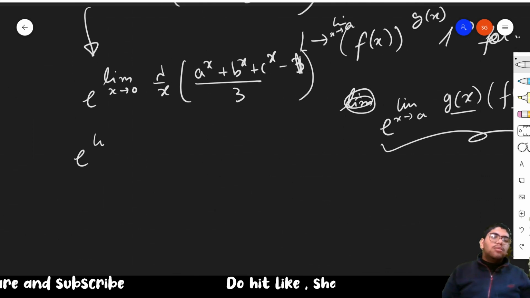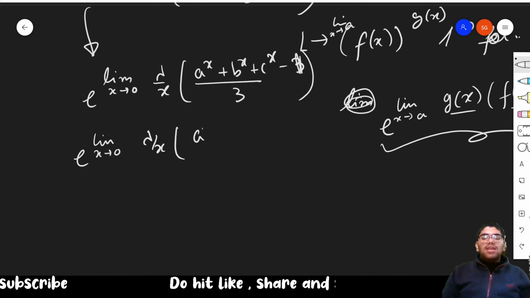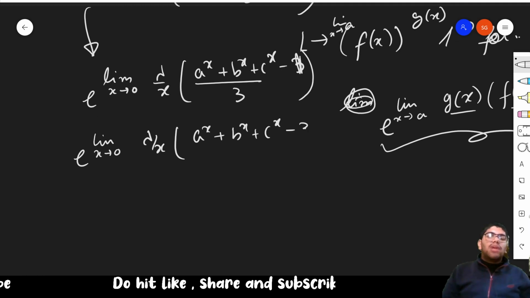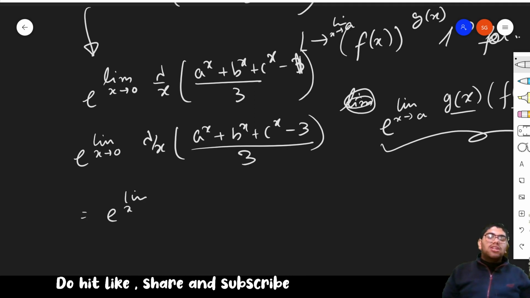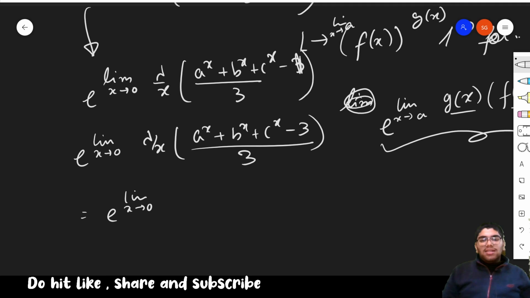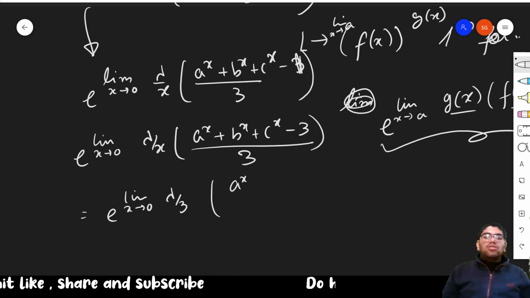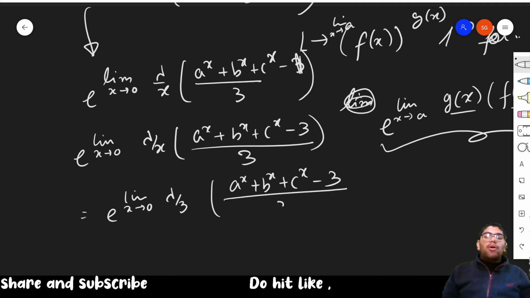So this is e raised to the power limit x tending to 0 of lambda by x times a power x plus b power x plus c power x minus 3 upon 3. Let me take this x in and this 3 out. So this is lambda by 3, a raised to the power x plus b raised to the power x plus c raised to the power x minus 3 upon x.